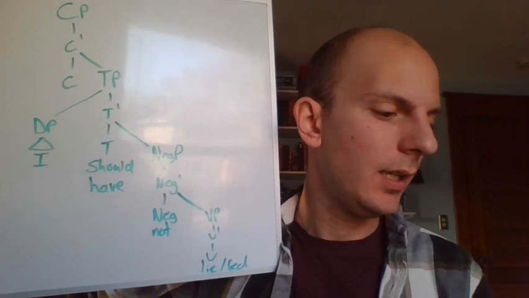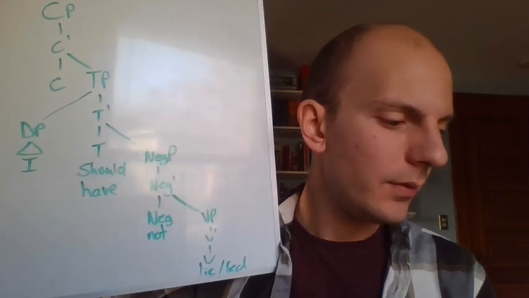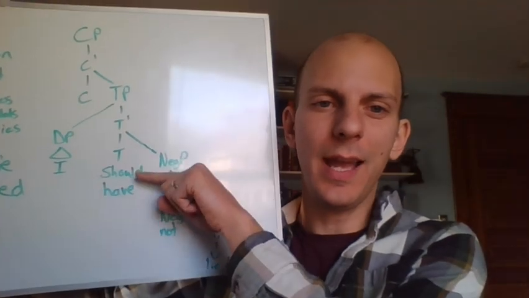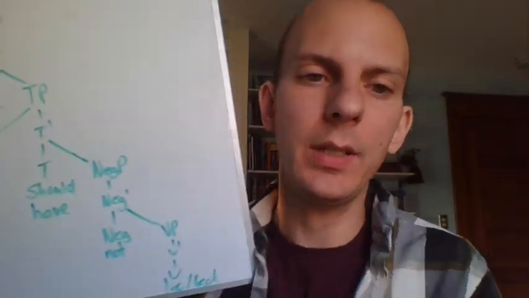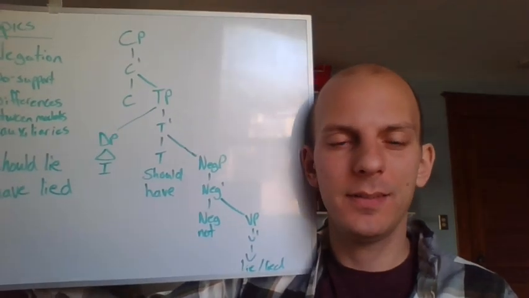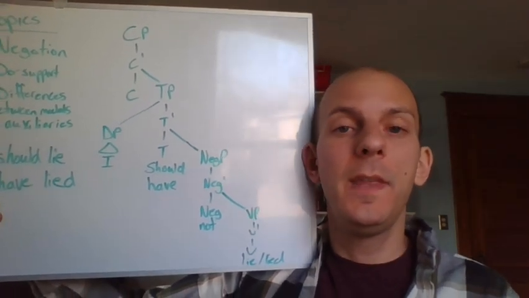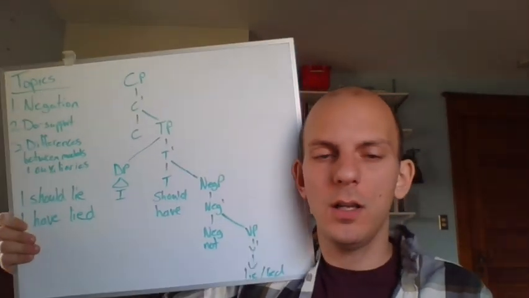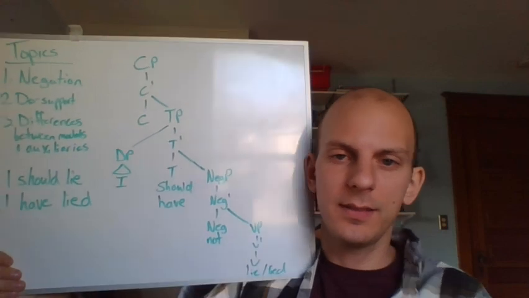Boom. But what about if we get both should and have? That's a question we want to ask ourselves. Can we get both should and have in the same sentence? Hopefully, you'll recall other instances of this idea.